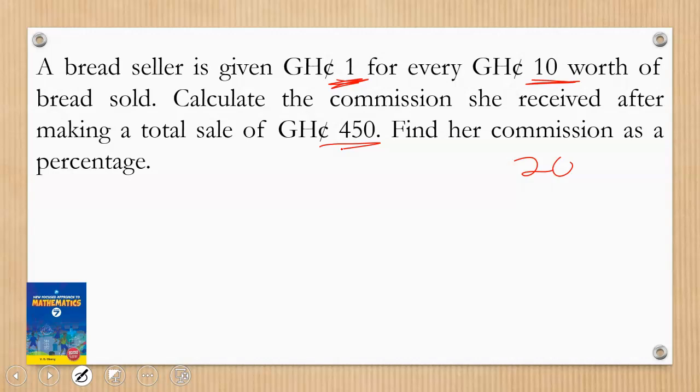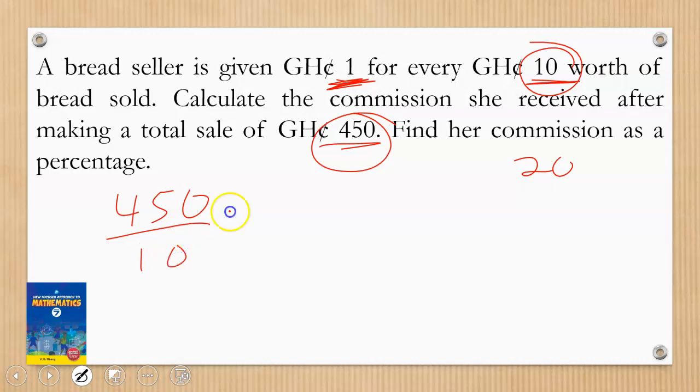Now, for every 10 cedis of bread sold, the person receives 1 cedi, and she has sold 450. So we have 450 divided by 10, which gives us 45. We multiply this 45 by 1 cedi, and that gives us 45 Ghana cedis.